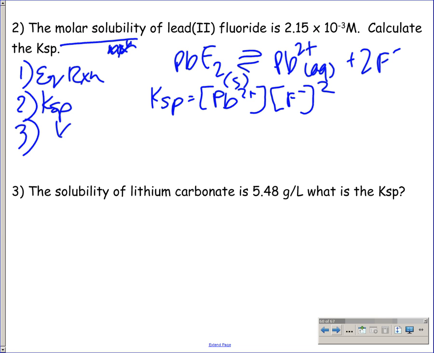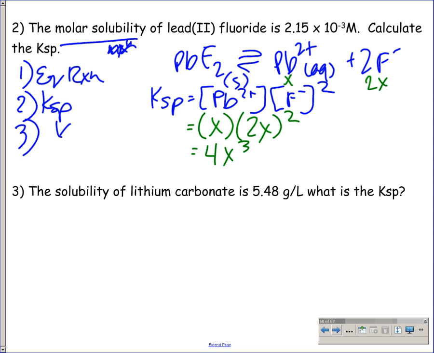You now know how to set up the pseudo X box here. How many of these dissolve? 1. So it's called 1X, right? How many of these dissolve? 2X. So I'm going to plug in these X values into my expression now. So this is X, and then 2X squared. What does this equal? 4X to the third.